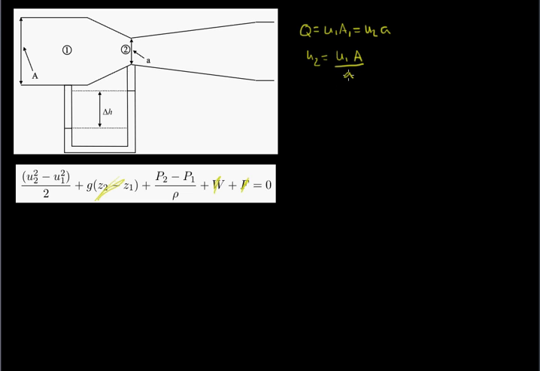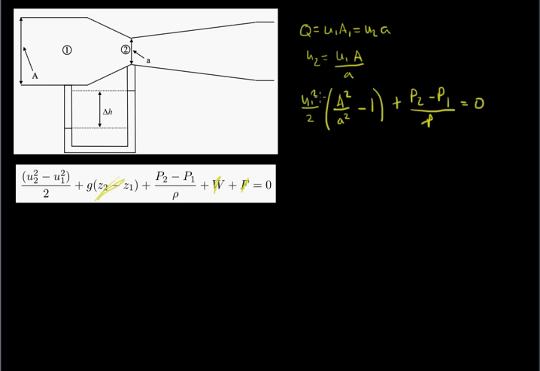So if I plug this expression into the generalized Bernoulli that we simplified over here, I have U1 squared over 2 times capital A squared over lowercase a squared minus 1, plus P2 minus P1 over rho is equal to 0.